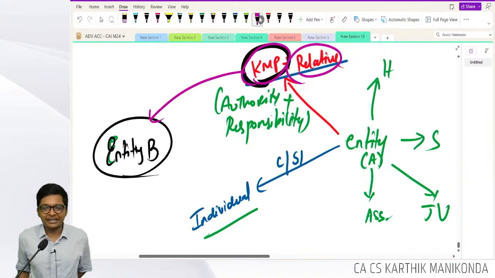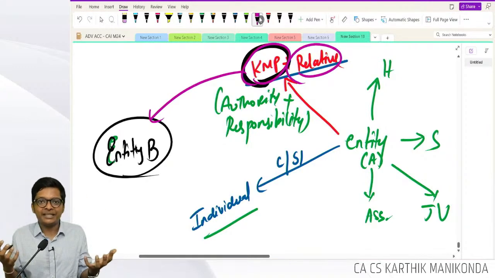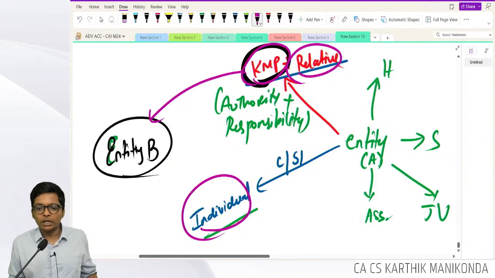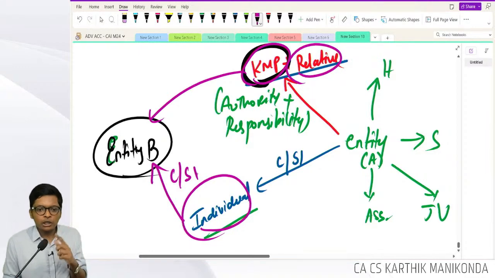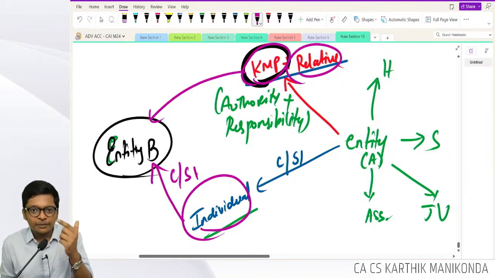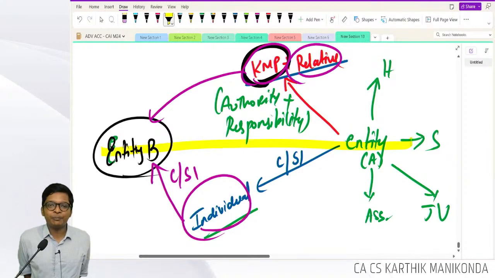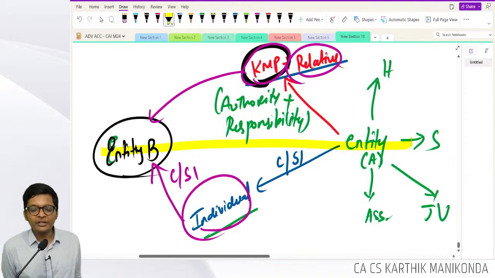This KMP and relative is a KMP and relative in entity A and entity B. Then we are related parties. This individual who has control and significant influence in entity A also has control and significant influence in entity B. Then entity A and entity B become related parties. Can you see how beautifully it's defined, guys?